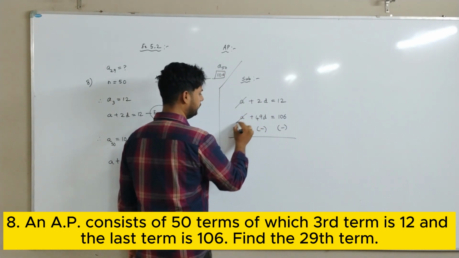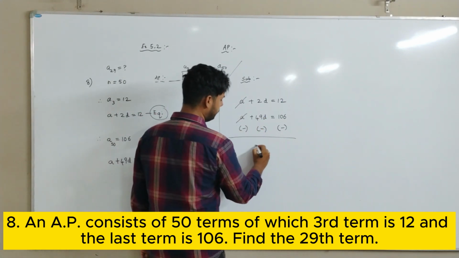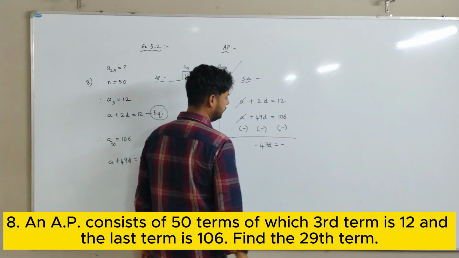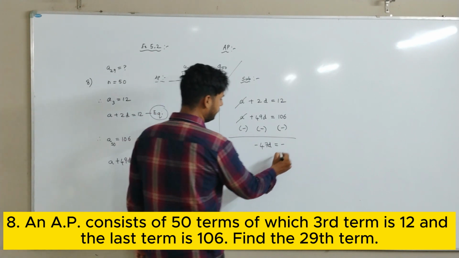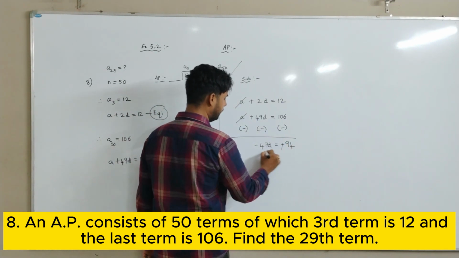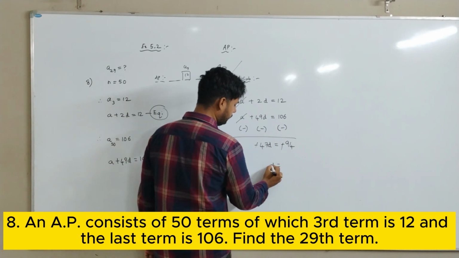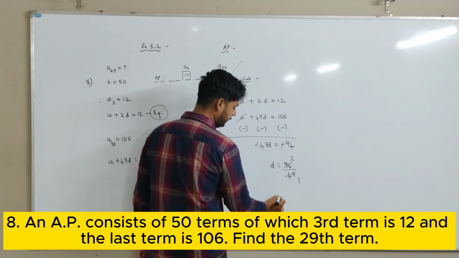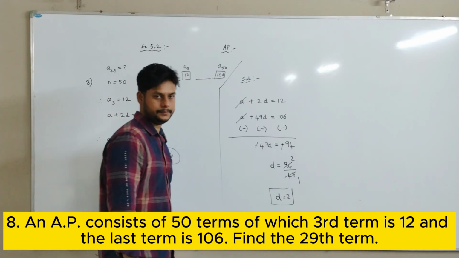A minus A cancels, 0. 2D minus 49D is minus 47D, is equal to 12 minus 106, which is minus 94. Minus minus cancel on both sides. D is equal to 94 by 47. 47 ones are 47, 47 twos are 94. So D is equal to 2. This is the value of D.